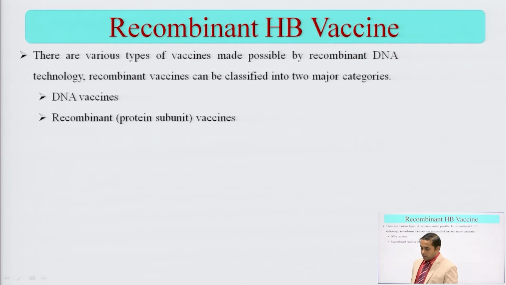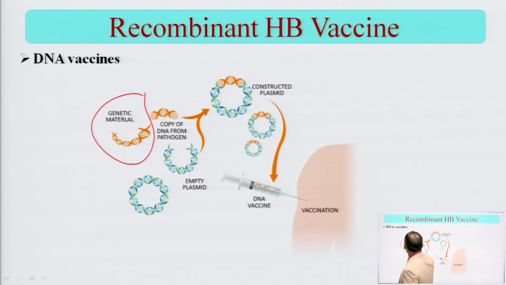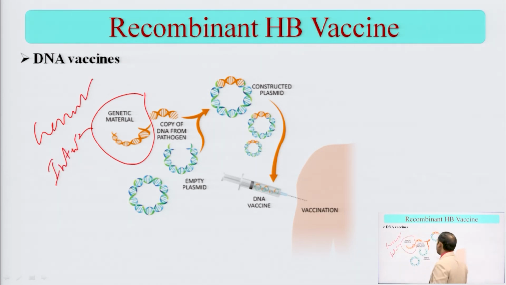If I tell you more, various types of vaccines are made possible using rDNA. One is DNA vaccines, another is recombinant protein subunit vaccines. In DNA vaccines, the process is again very simple. This is the genomic material or gene of interest, copied from the DNA of the pathogen, and this is the plasmid.